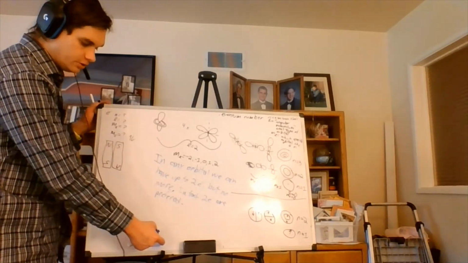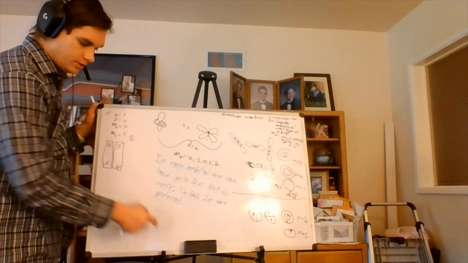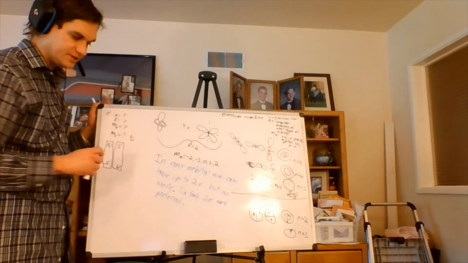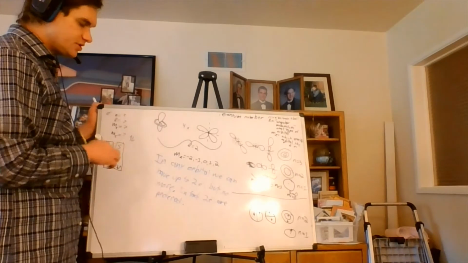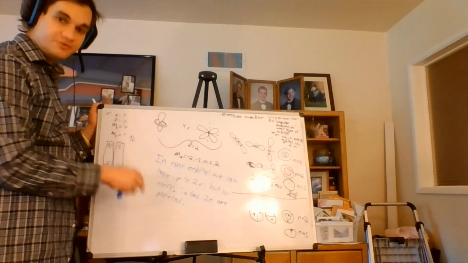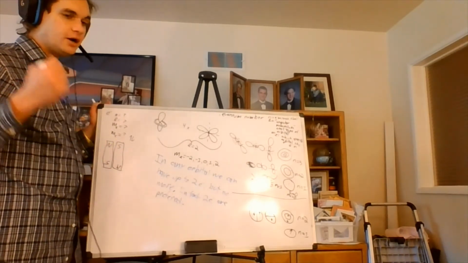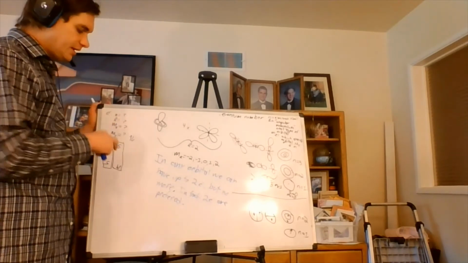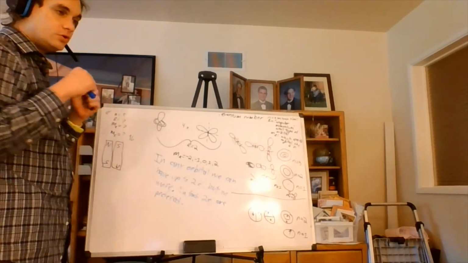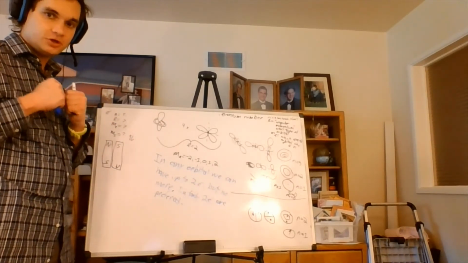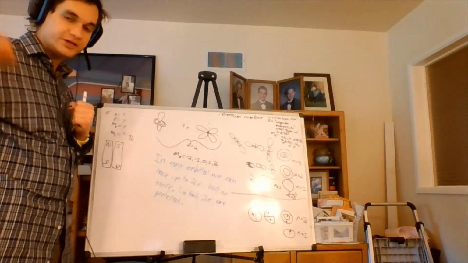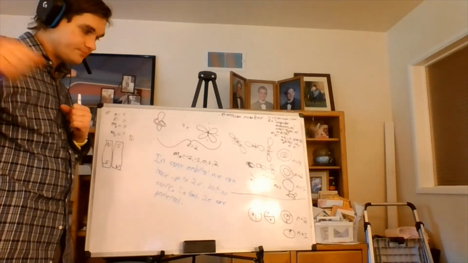If you're over here, you don't feel this at all because you're too far away, and this cancels it out. And because you don't feel that, the only thing other electrons will feel is the electric field, where the negative charge of the electrons are pushing all other electrons away.